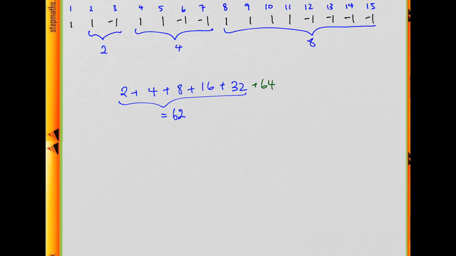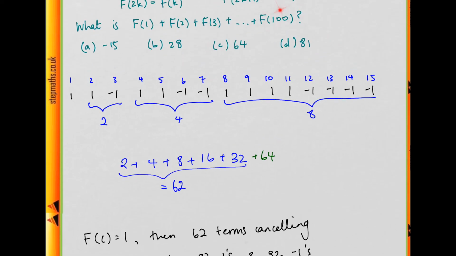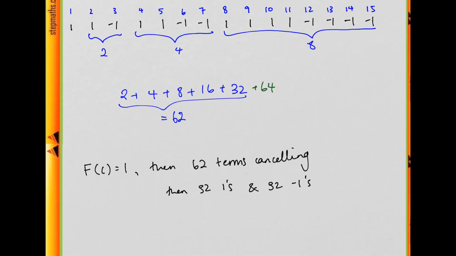What we've worked out is that we've got 1 from f of 1, and then 62 terms that cancel themselves out. After that, we're going to have 32 ones and 32 minus ones, but we're only looking for numbers less than or equal to 100. Once we've taken in the first one and the 62 terms, we only need 27 more to get to 100.